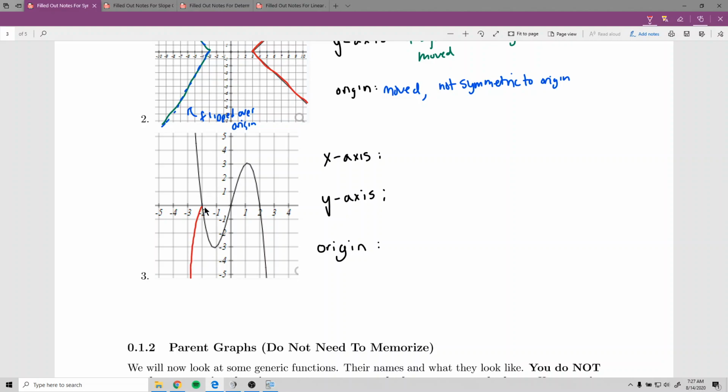Then this little section will make an upside down U shape above. Then this little section, when it's flipped over, makes a little U shape below. And then this part below comes above. And since this moved, it's not the same picture. It is not symmetric to the x-axis.